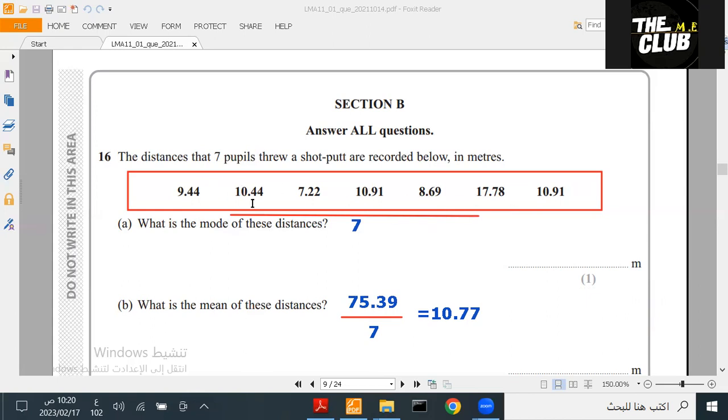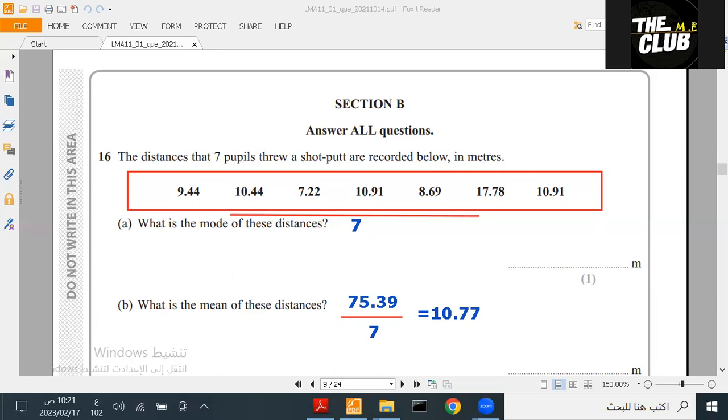Check the decimals, check the numbers. When you add something, check if it's correct or not. Sometimes you miss the decimal or you miss one of the numbers, and you have a mistake. So always focus on adding. When you add them, you get 75.39 and then you divide them by 7, you'll get 10.77 and that's the mean for this data.